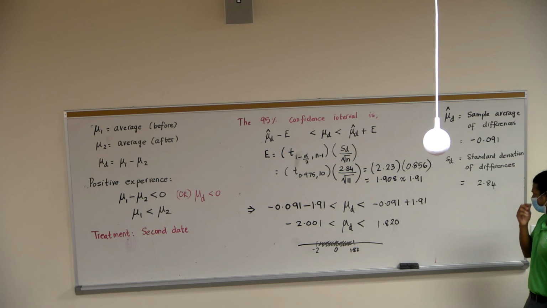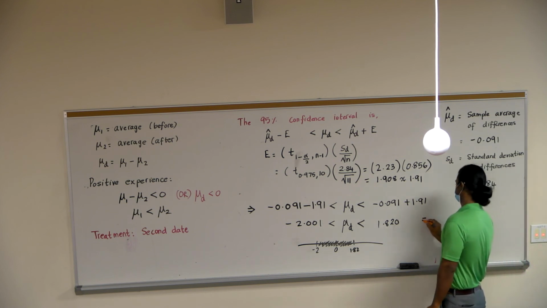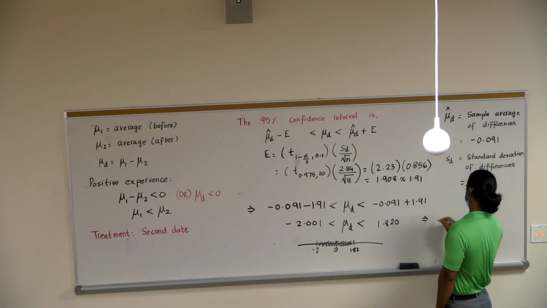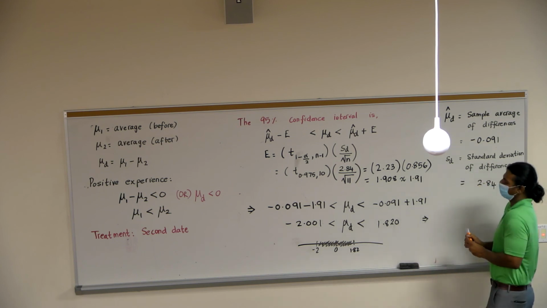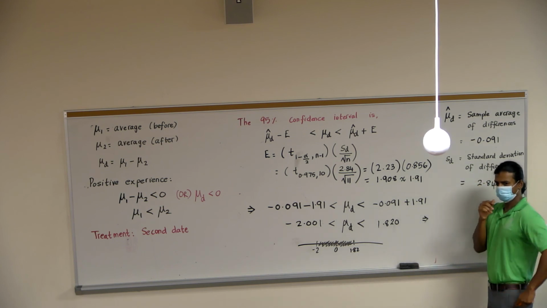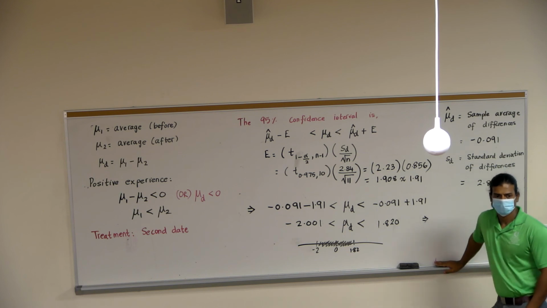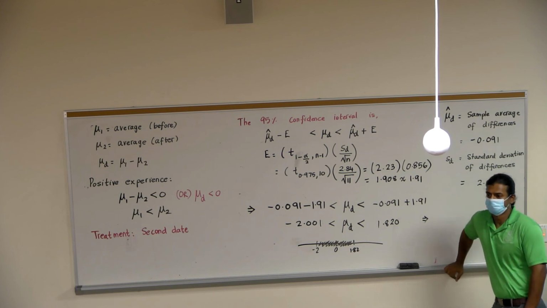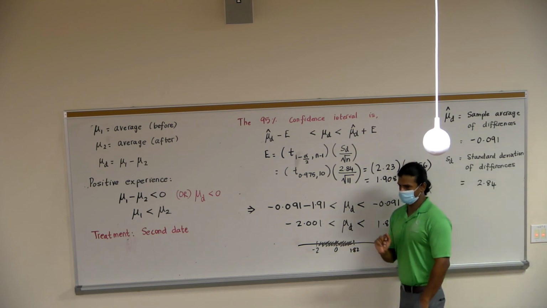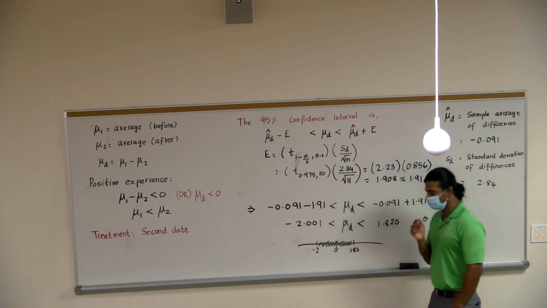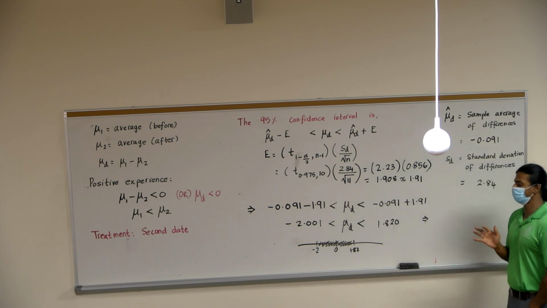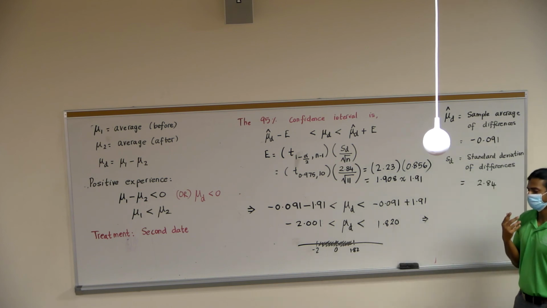So by all means, we can conclude something statistically then. The difference is 0. Statistically, it is possible, even with that variability, we can conclude from a statistical standpoint that mu1 and mu2 are the same.